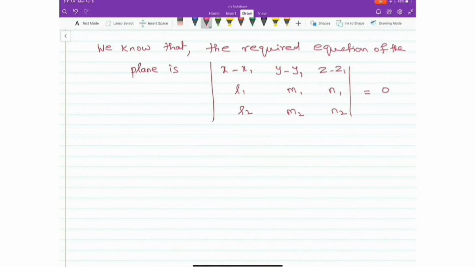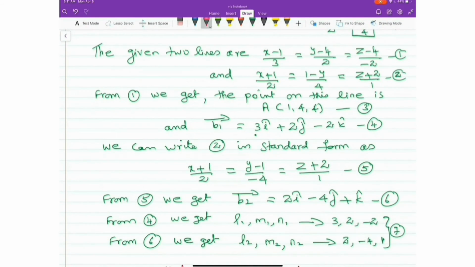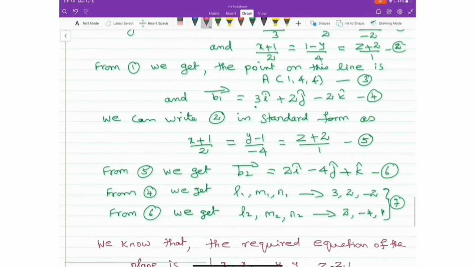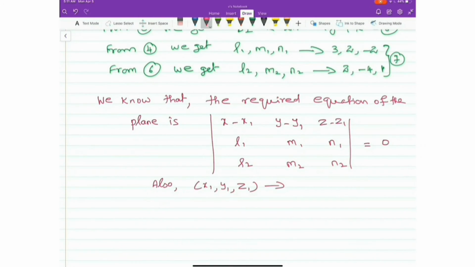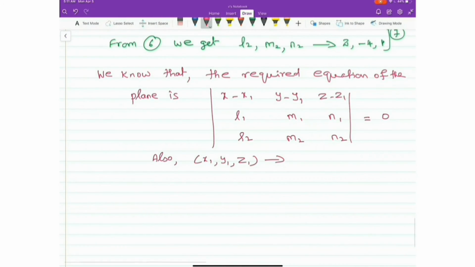Also, we know that x1, y1, z1 is nothing but 1, 4, 4 from 3.